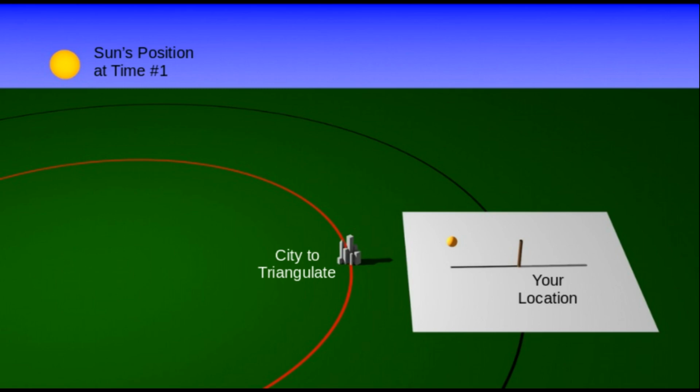So this is not the real sun. This is a scaled version of the real world, including the sun, because we are actually trying to scale down the green Earth with the cities and the sun and everything. We're trying to scale it down to fit on a sheet of paper.